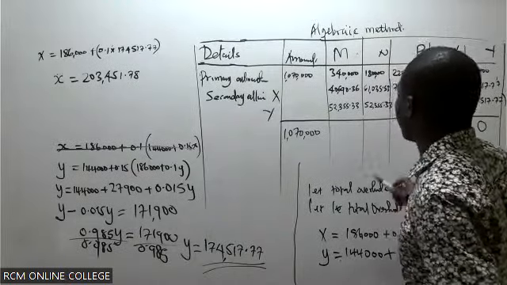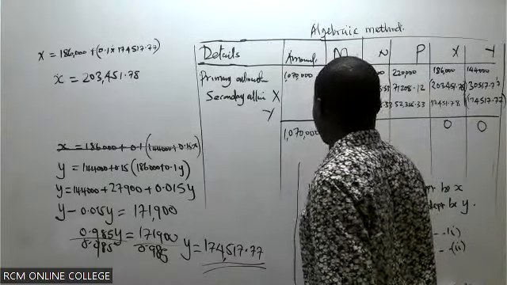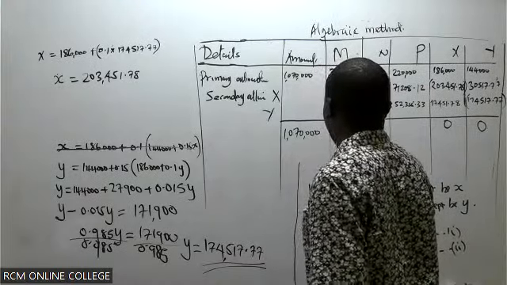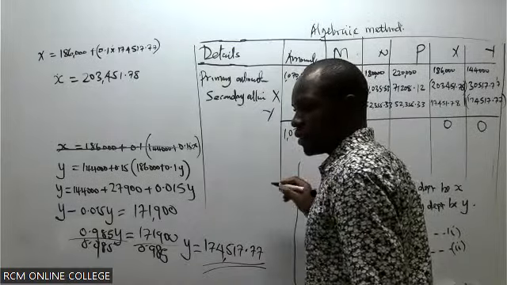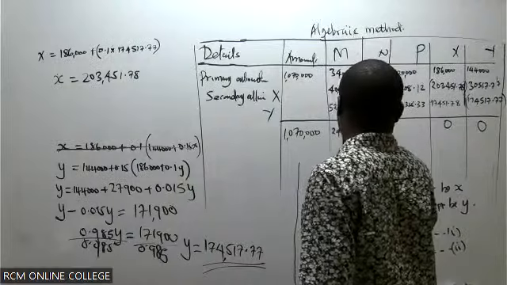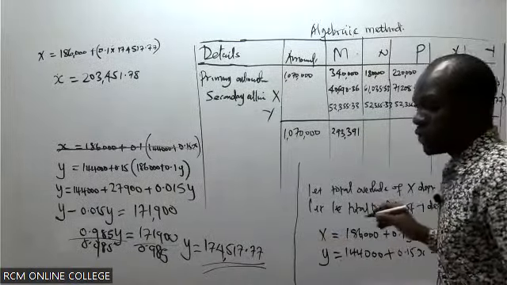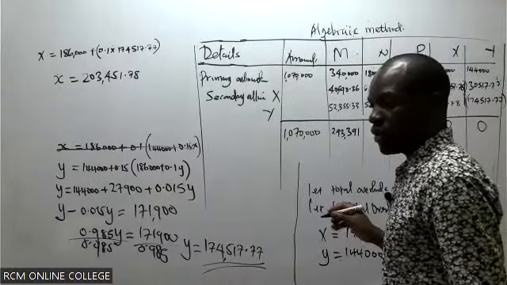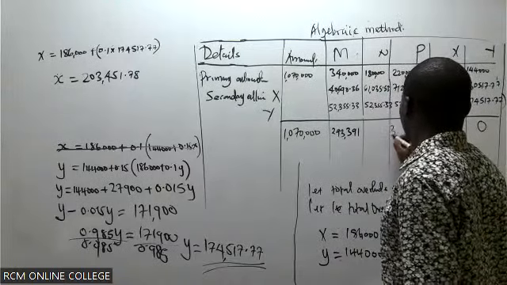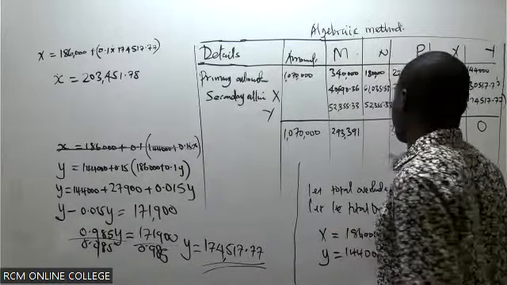293 for M, I think M, 293,391. That is M. P I'm told is 343,563.